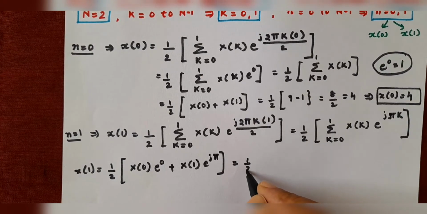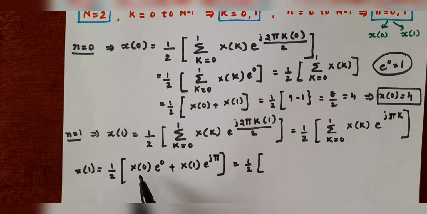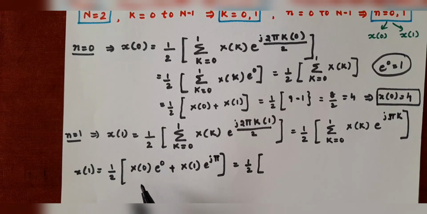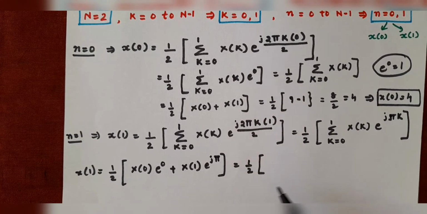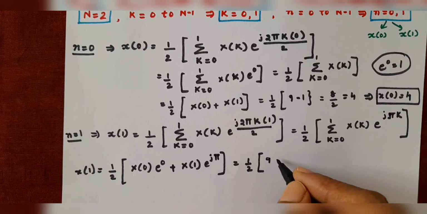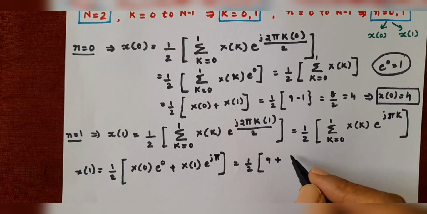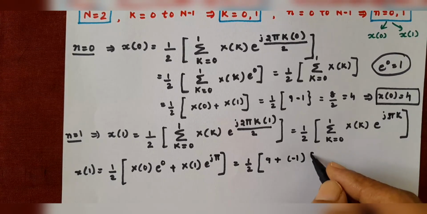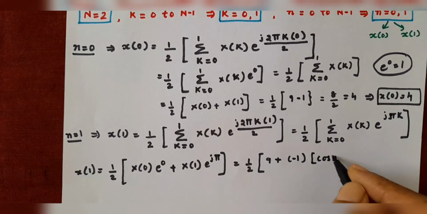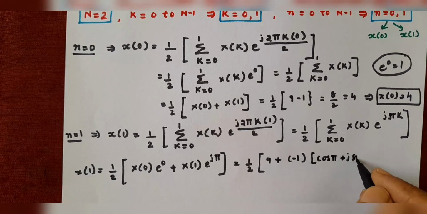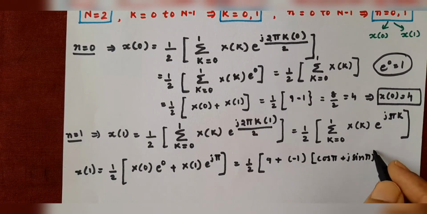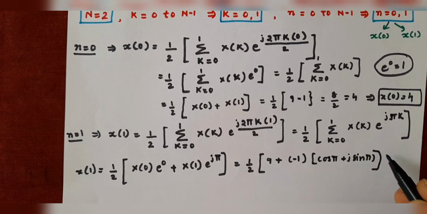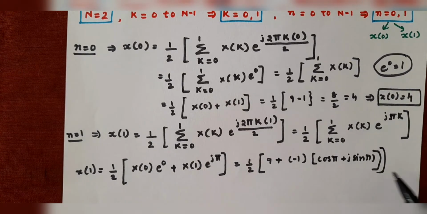It comes to be as 1 by 2. What is X of 0 value? X of 0 value is 9, plus X of 1 is minus 1, e to the power j pi, that is cos pi plus j sin pi.